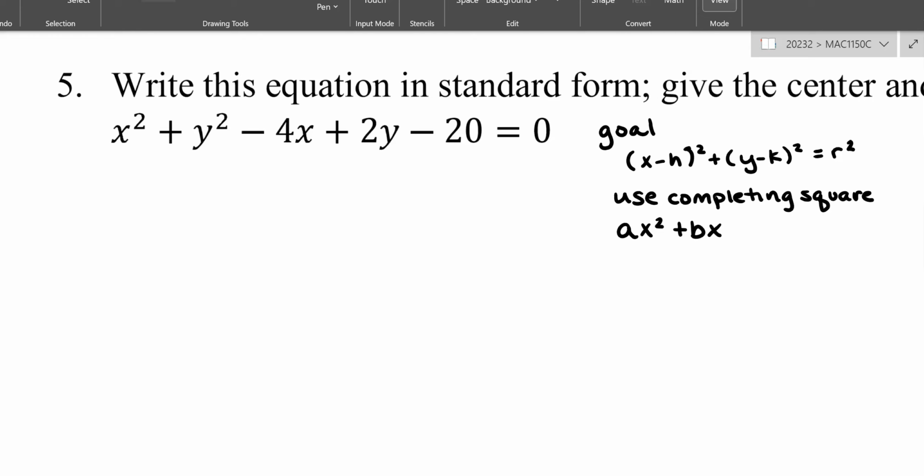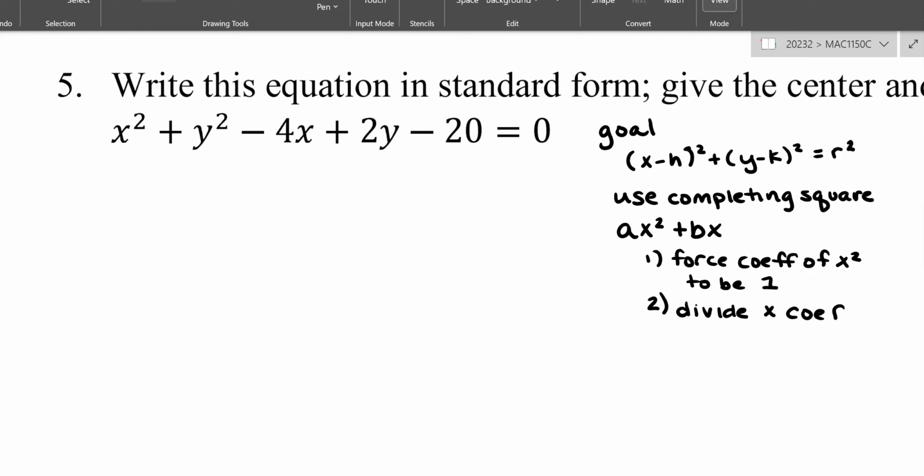So we had to force the coefficient of x squared to be 1, and then divide the x coefficient by 2, square it, and add it to both sides.